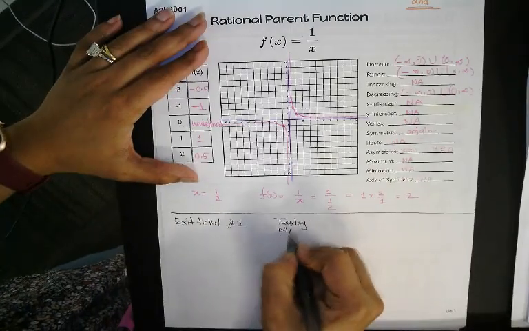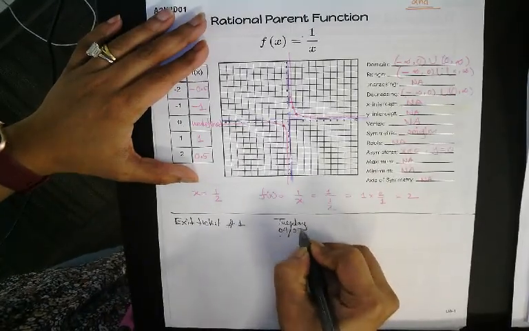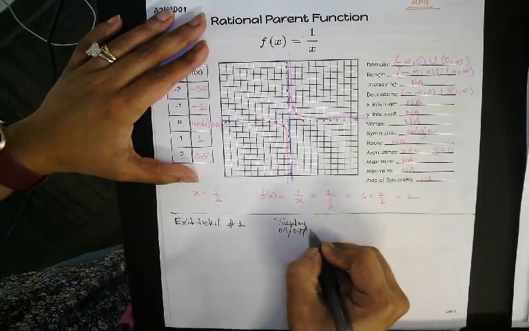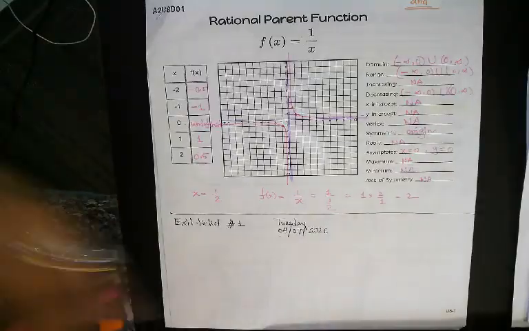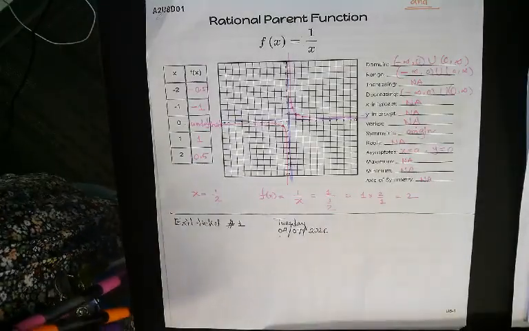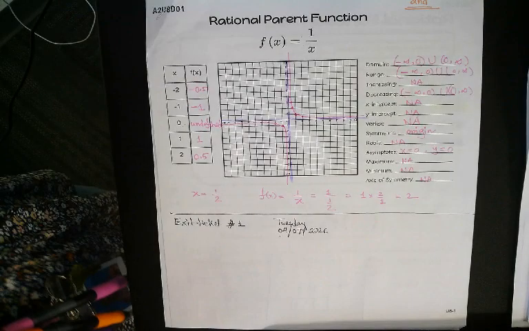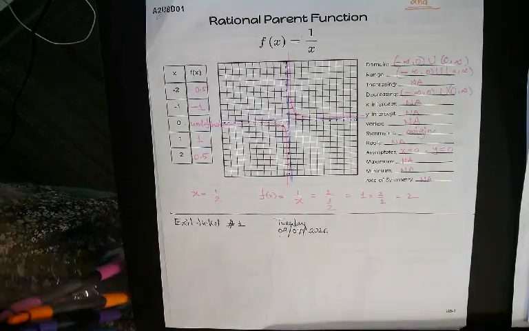It's 04/07/2026, and it's going to be whatever we did yesterday and today. Everything will be included in your exit ticket, not whatever we did yesterday and today.